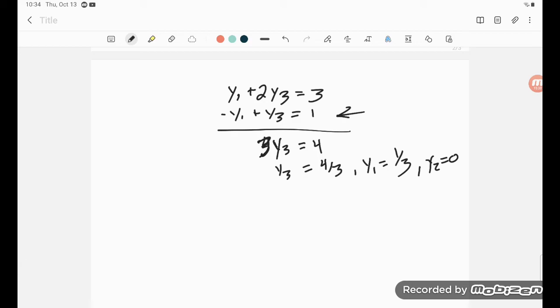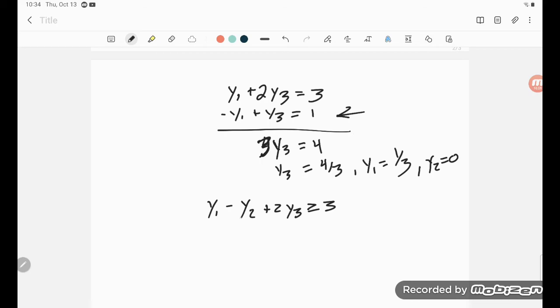And so for our dual problem, we had, remember that y1 minus y2 plus 2y3 needs to be greater than or equal to 3, and so forth.